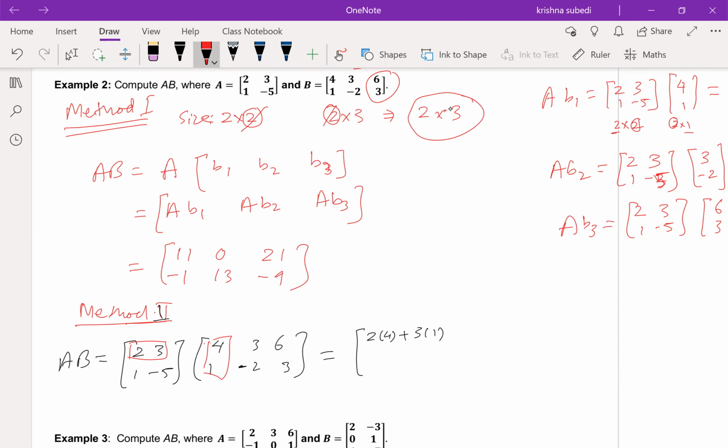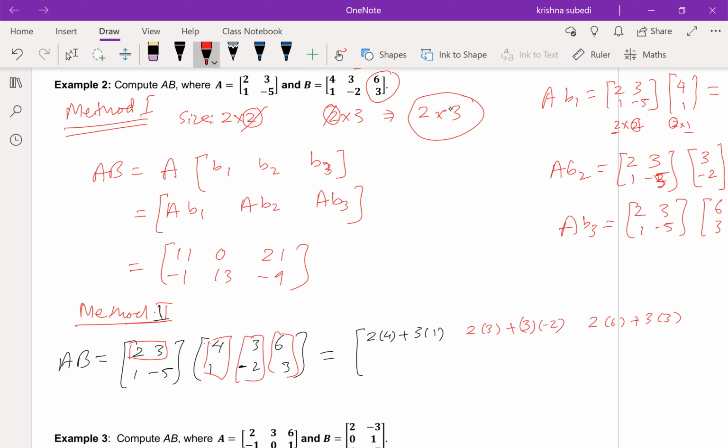So 2 times 3 plus 3 times negative 2. So we are done with first row and second column. Now we'll do first row with third column and write it down here. So 2 times 6 plus 3 times 3. So we are done with first row. We multiply first row with first column and second column and third column.